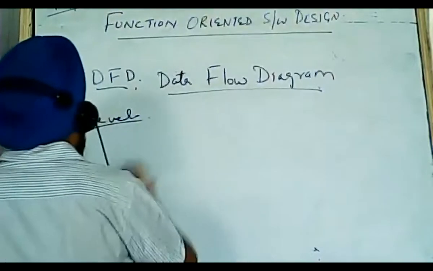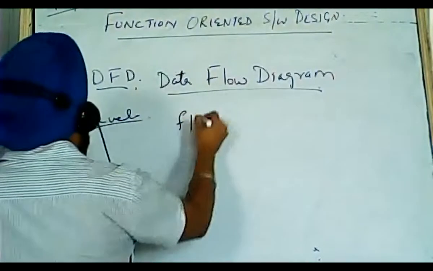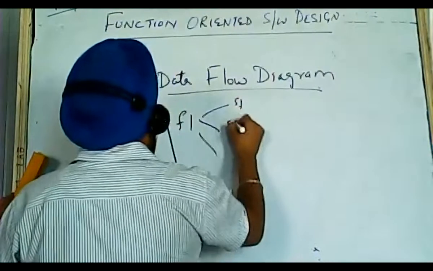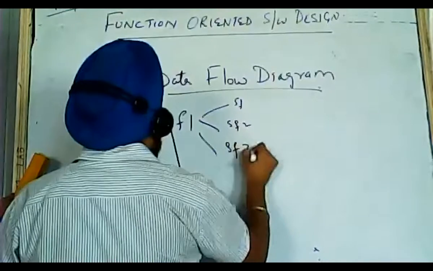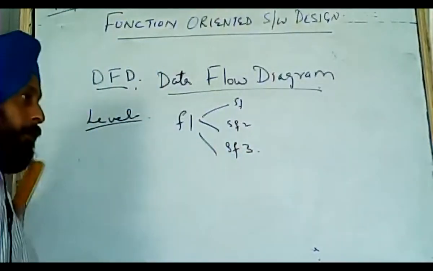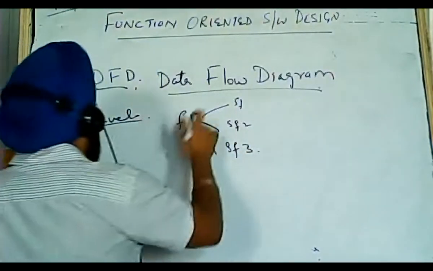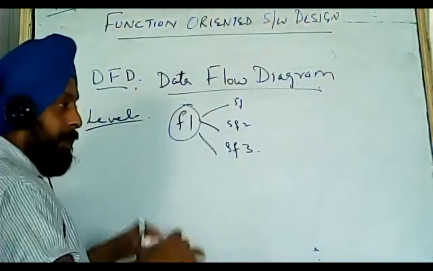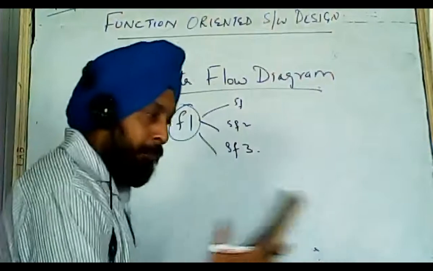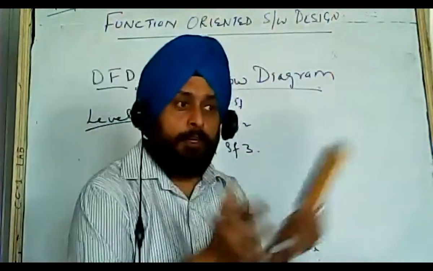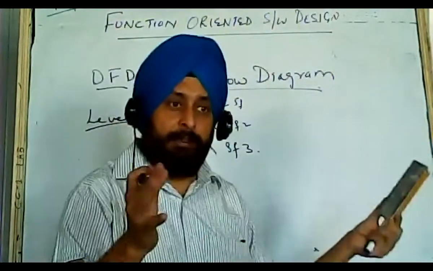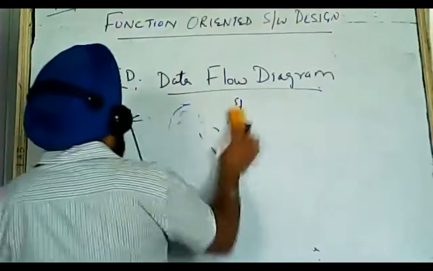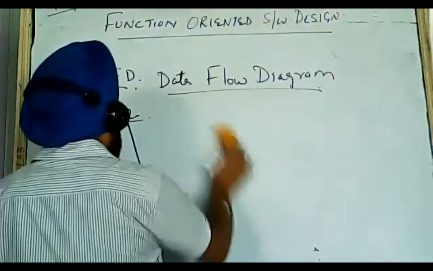Suppose F1 further has 3 functions, sub function 1, sub function 2 and sub function 3. So F1 individually will have another level. We have to expand, explode your bubble. We have to factorize your bubble into 3 factors now, representing the sub functions under that function.